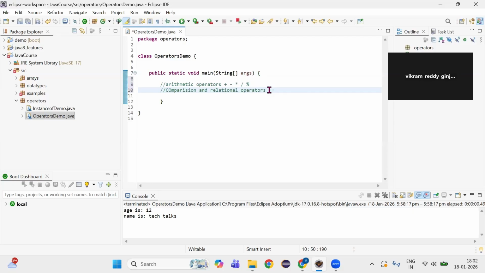In Java, equal is not one equals sign, which is different from general mathematics. If we want to check whether one operand is equal to another, then we have to use this double equals symbol.